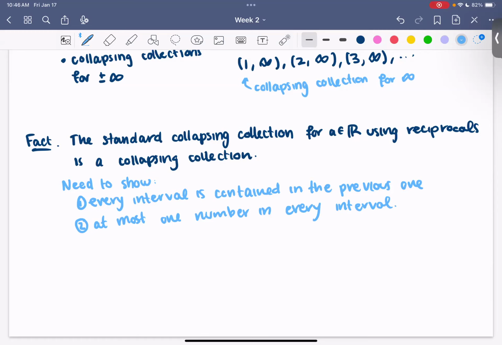Okay, so I'm going to write a proof of this fact. And here's how the notation for proofs goes. You start by writing proof on the left. And then what you need to do is write a convincing argument for why the fact is true.